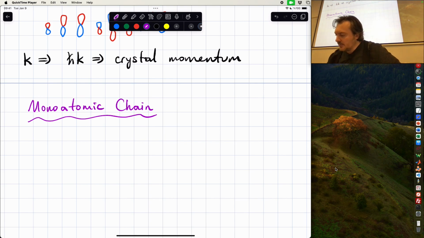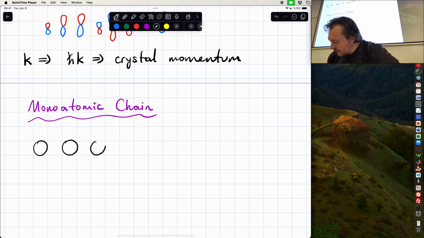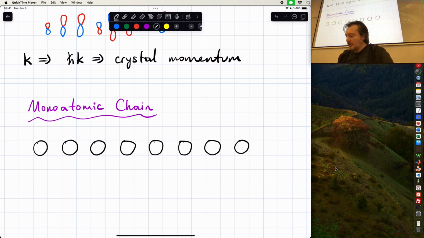Okay, so it's a chain of atoms and it goes on forever. Okay, so let's say this distance is a. Okay, and it continues like that.